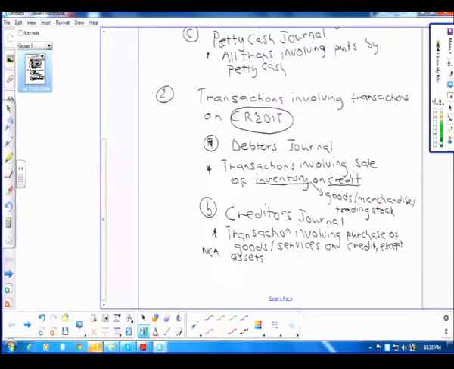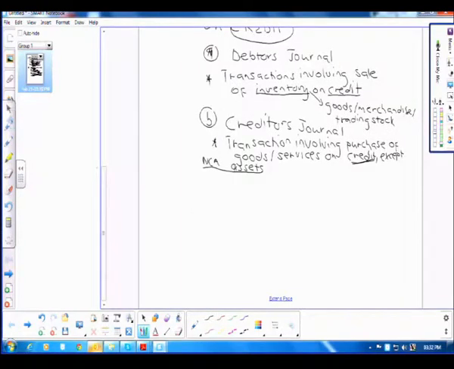So in this journal, you are purchasing goods or services on credit. That remains the key word, except when you are purchasing non-current assets. That's the second category.